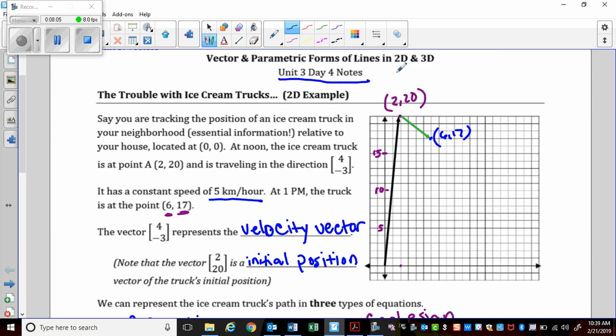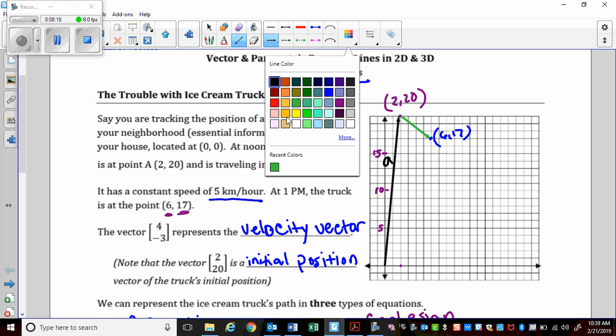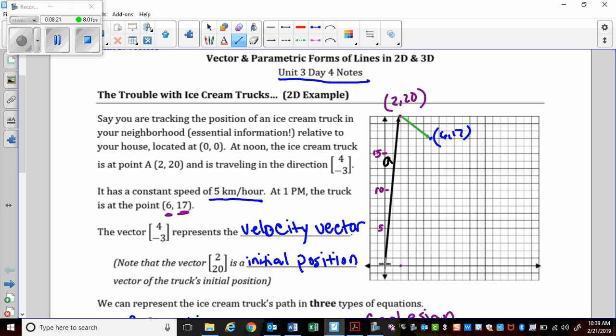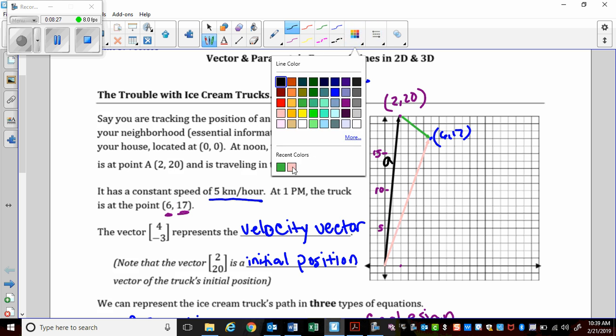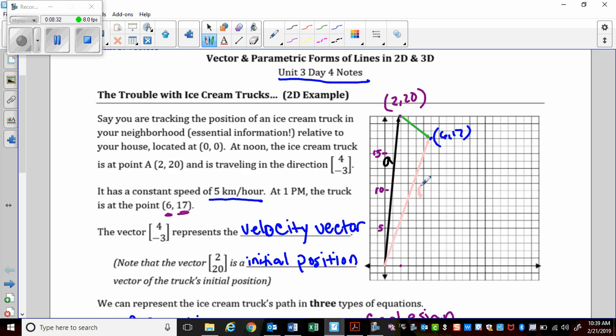I'm going to make this black vector A. And I'm going to make another vector to show the second position, which is going to be pink. And we're going to make this one R. Okay, R. And then our green one is B.